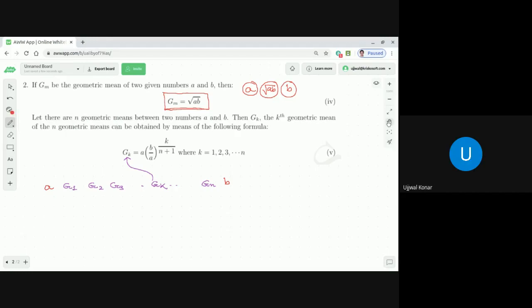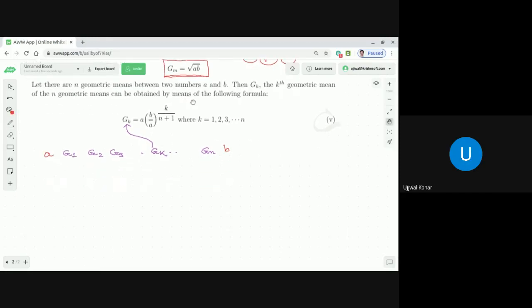Yes. Okay. So we can find out how Gk is equal to a into (b by a) power (k by (n plus 1)). The way to find it out is, first you see, we know A is the first term and B is the last term.